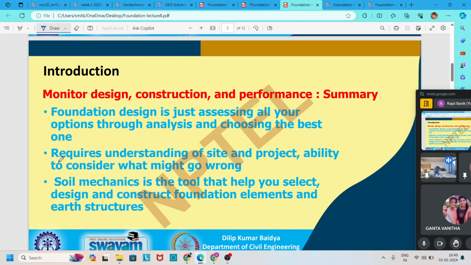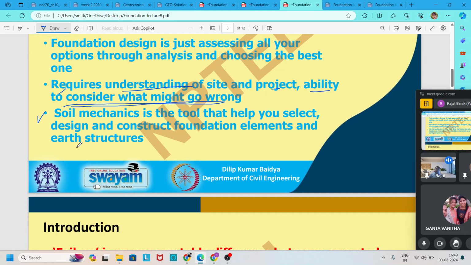Then it requires understanding of sites, project, and ability to consider what might go wrong. We also need to address that soil mechanics is the tool that helps you select, design, and construct foundation elements and the architecture.